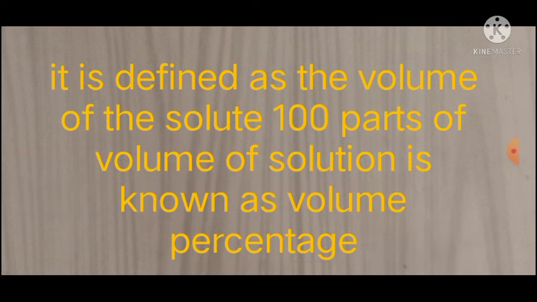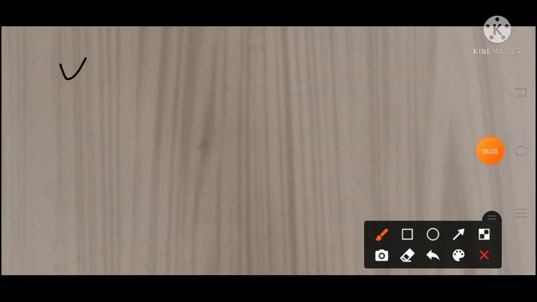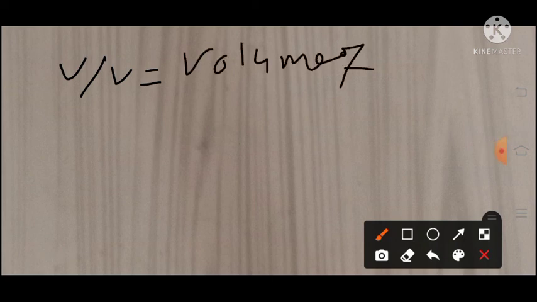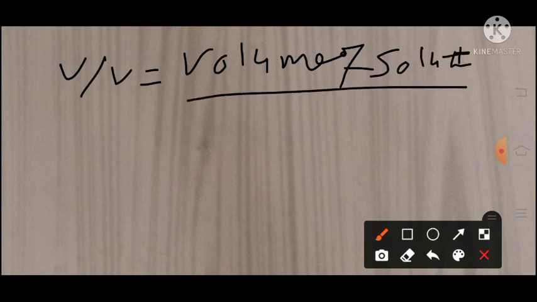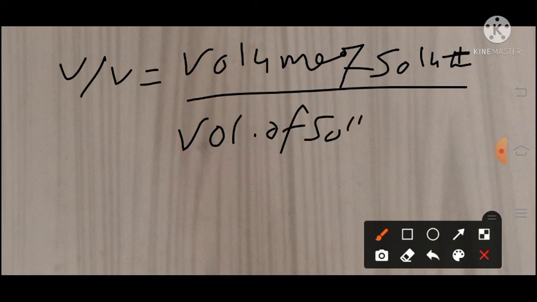Now the formula for calculation of volume percentage, V by V, equals volume of solute in milliliter divided by volume of solution, multiplied by 100. That is, volume of solute into 100 divided by volume of solution, and both are in milliliter.